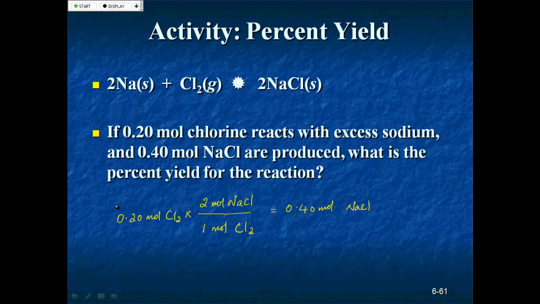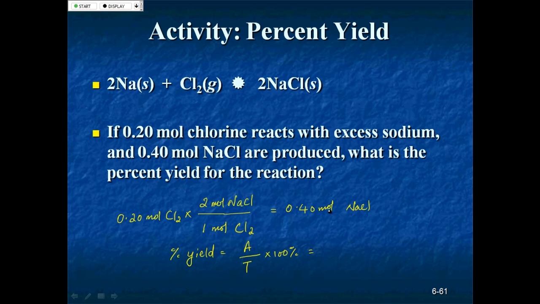As I said, you will see that 99.9% of the time there is no 100% reaction. If you get anywhere near 85, 90, we would say, wow, wonderful, good yield. That's what usually we would say. So the percent yield is actual over theoretical multiplied by 100.